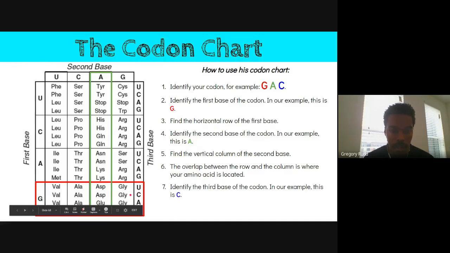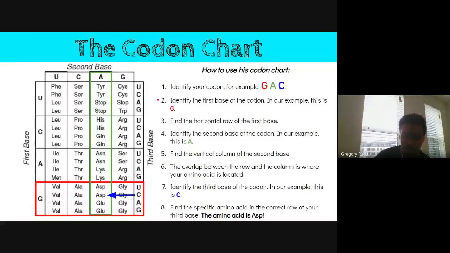So that means that I'm going to use an arrow, and that tells me that ASP is my amino acid. So we started off with a codon, GAC, and that codon gives us the amino acid aspartic acid, which is ASP abbreviated.